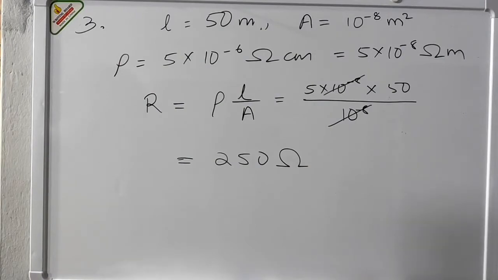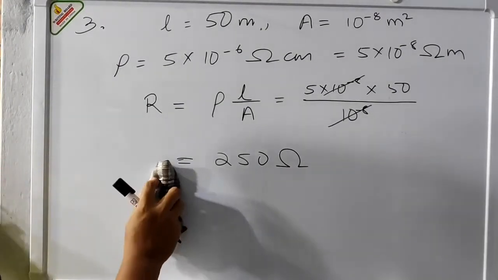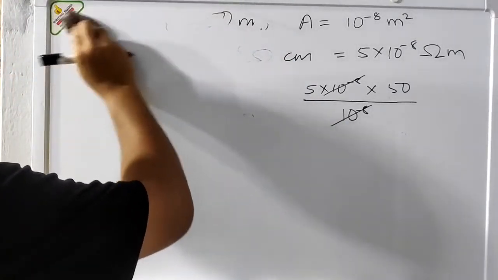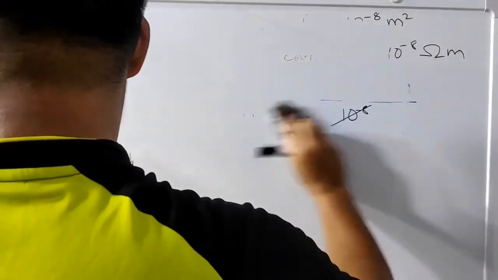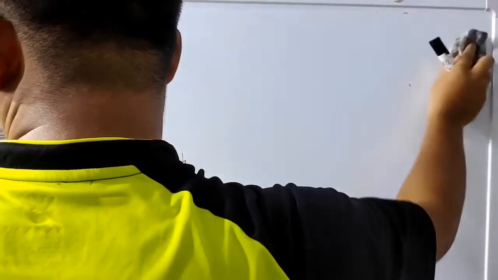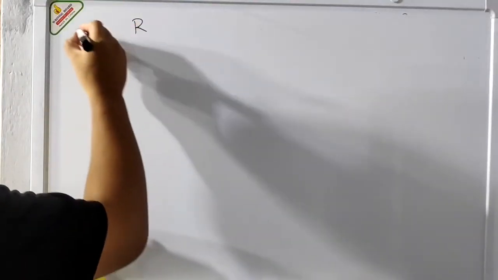The next question is a wire of resistance 12.2 ohm and length 80 centimeter has a cross section of 0.02 centimeter square. Calculate the resistivity of the wire. Let us write the given first. This is number 4.